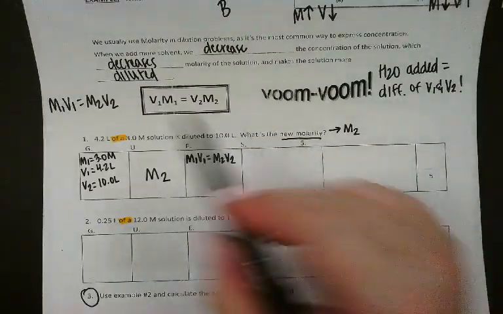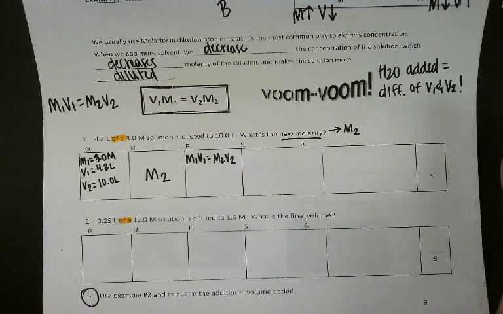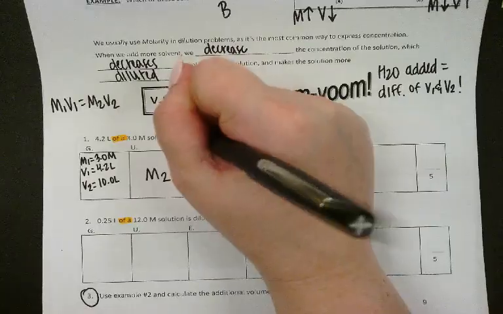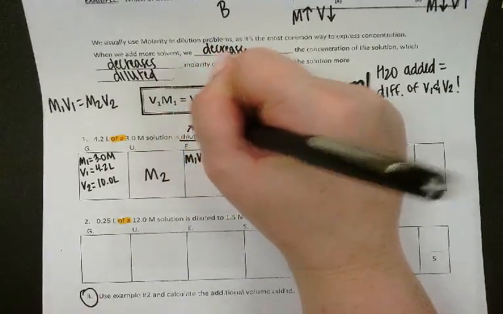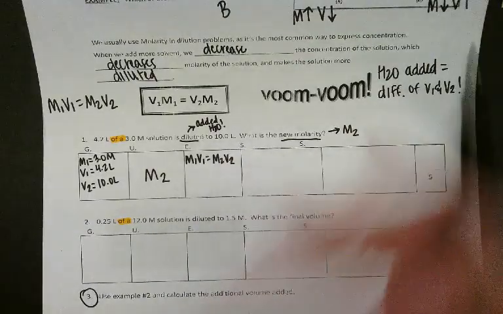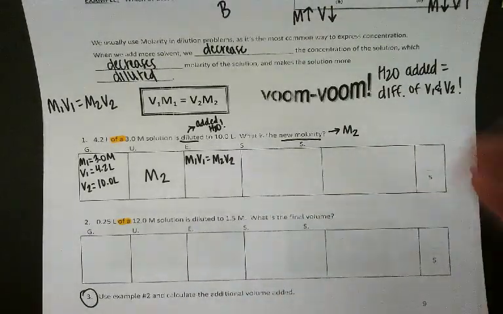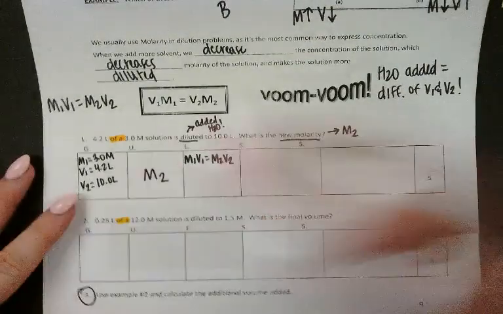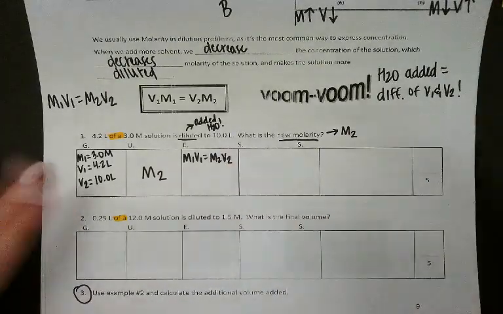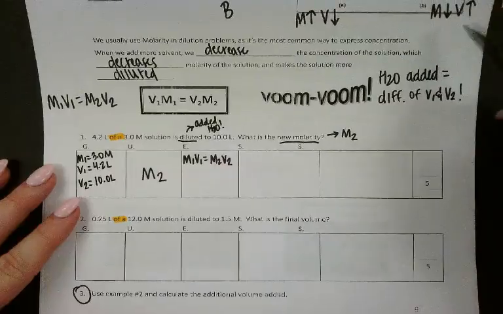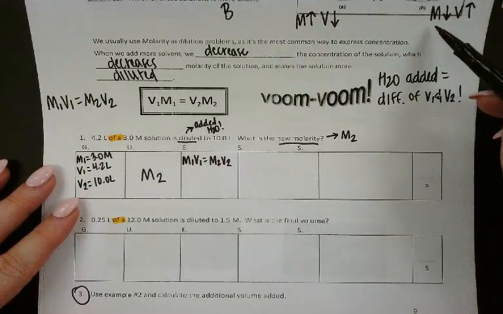Another way to help you is if something is diluted, that means you have added H2O, so that number should be higher. Whereas when I solve for my second molarity, it should be lower, because if we add more water, when you increase the volume, molarity decreases.